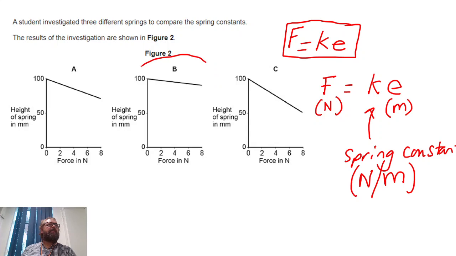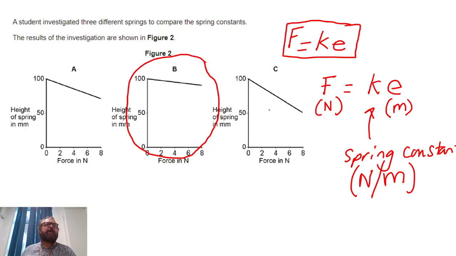So this graph here is showing the spring which for the same amount of force gets changed in height, in other words squashed, the least. This one has the biggest spring constant.